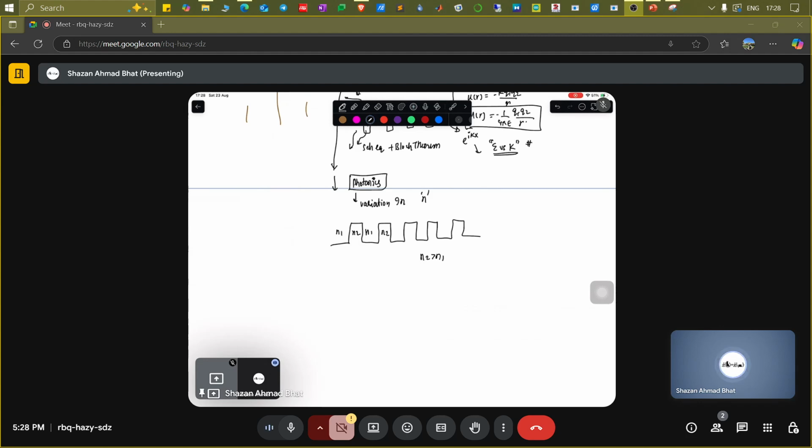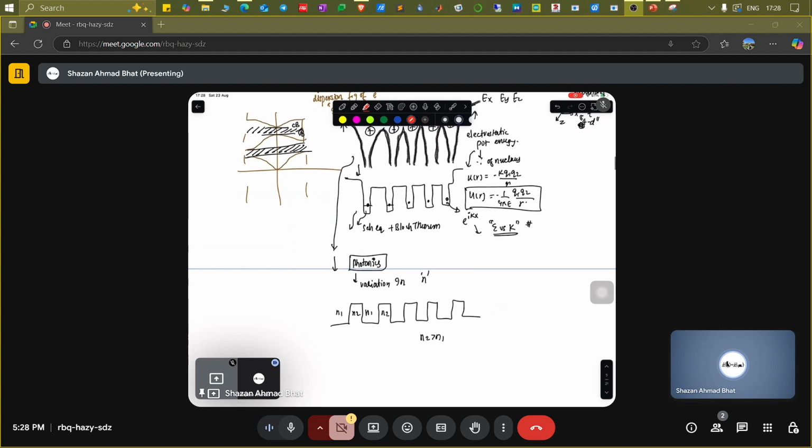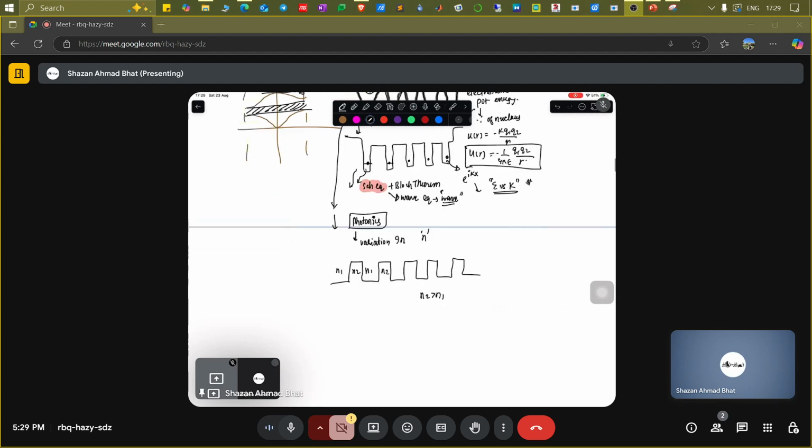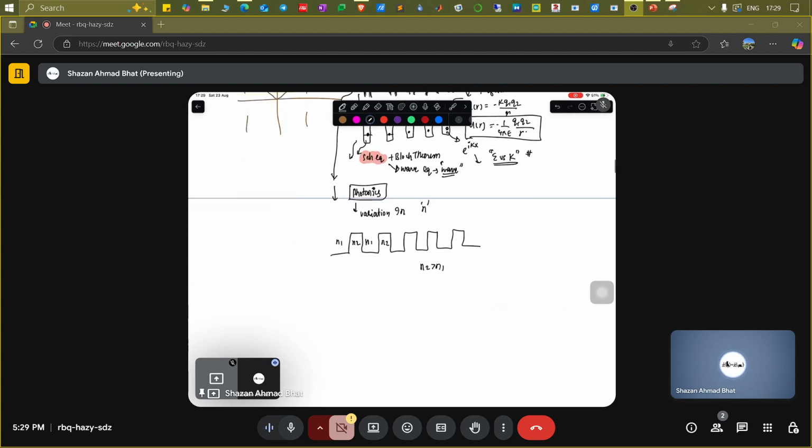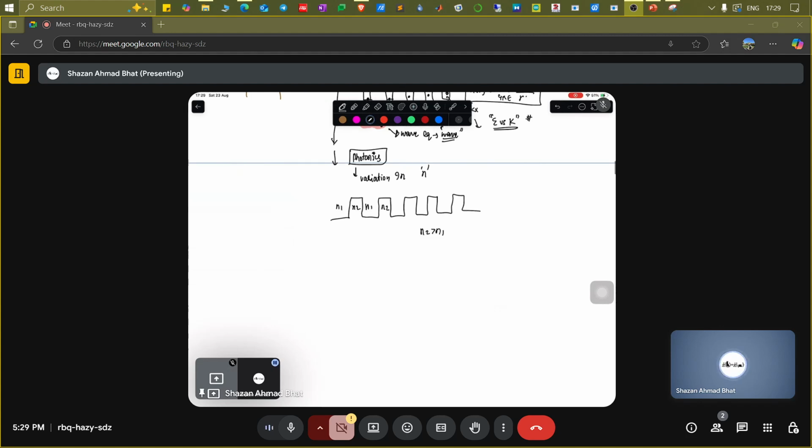And the electromagnetic wave also behaves similarly, because when you solve the Schrodinger equation, it is itself a wave equation. That means you are treating the electron as a wave, and that is basically the quantum nature of the electron. But for the photon, the wave nature is a classical thing.